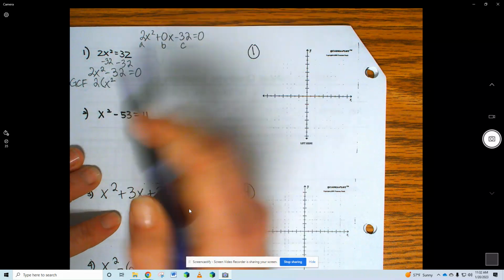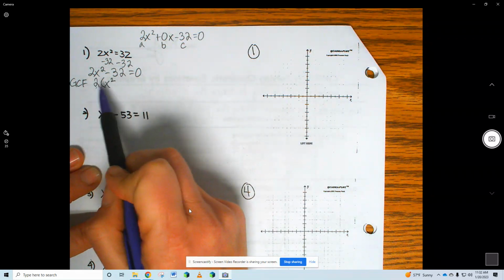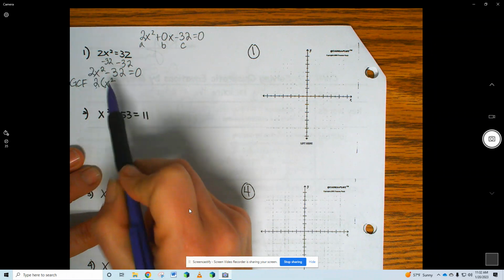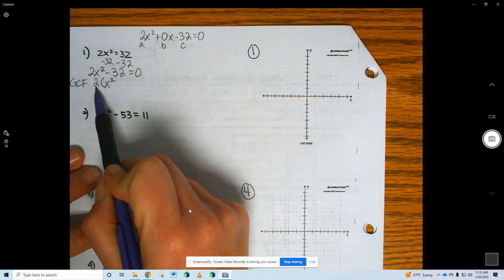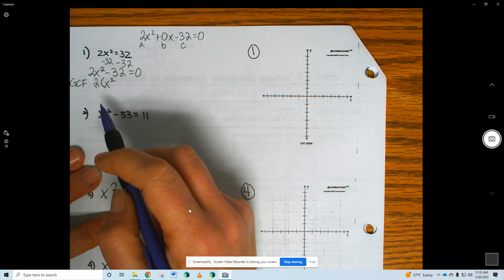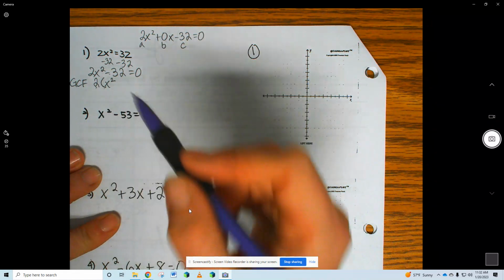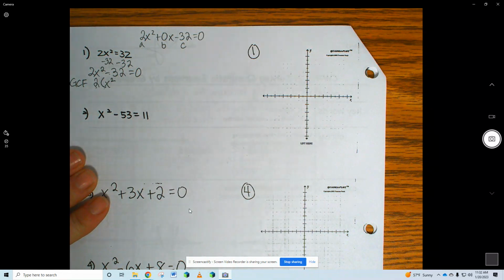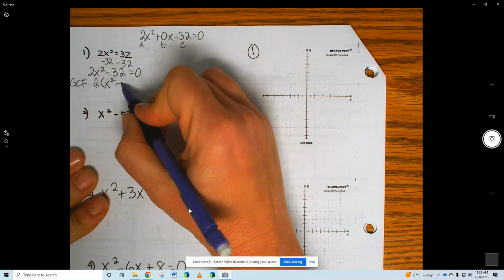I'm dividing. 2x squared divided by 2, x squared. Negative 32 divided by 2, 32 cut in half, 16 equals 0.